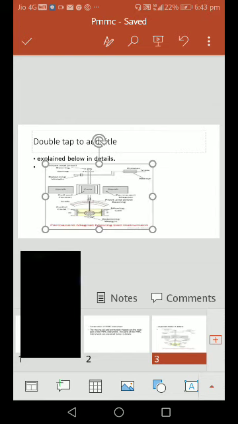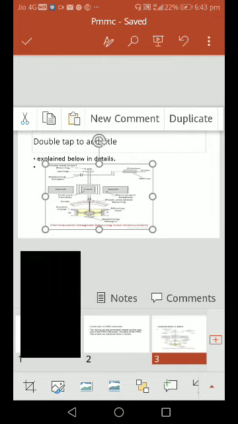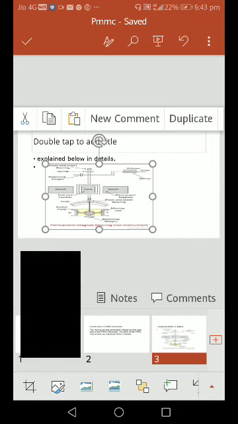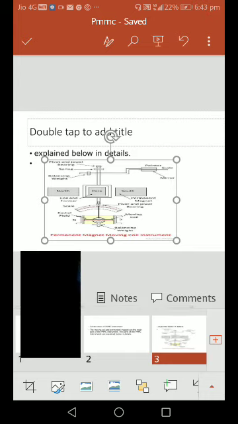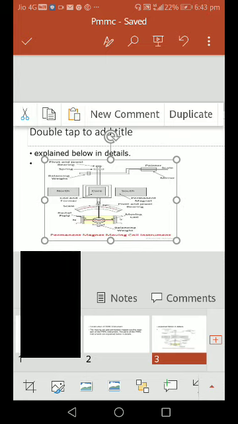The basic construction has a north pole, south pole, moving coil, pivot, and a linear scale with uniform readings.